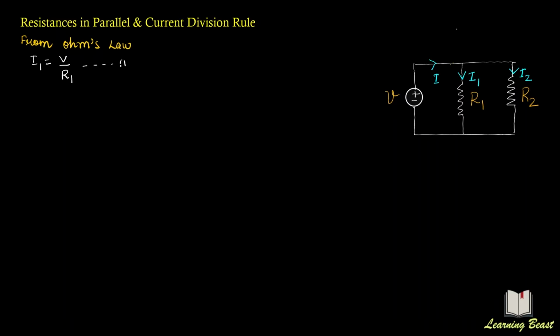Suppose this is equation 1. Similarly, I2 is equal to V upon R2.